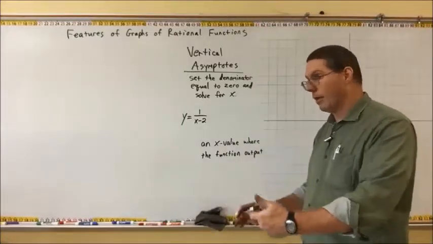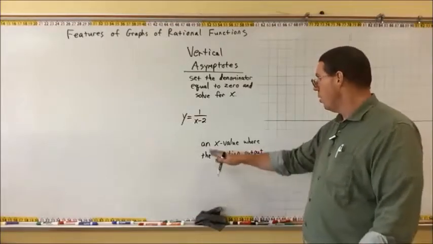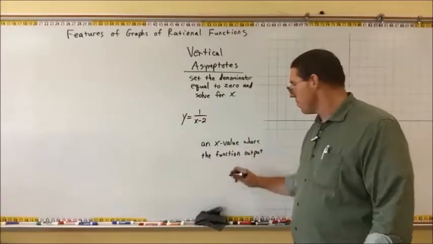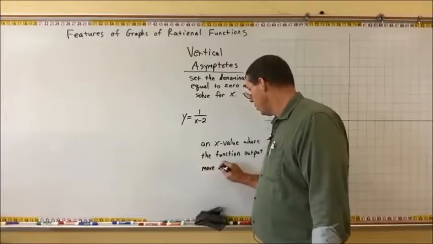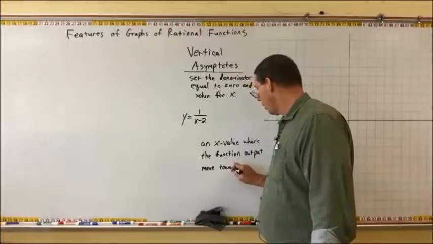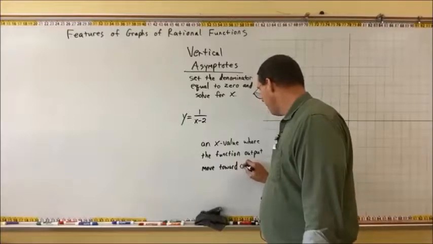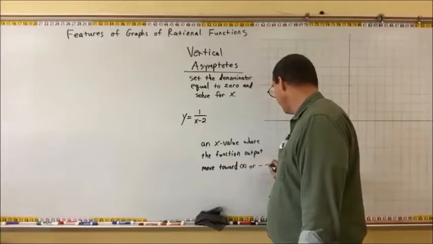Plug in a 9, the answer is 43. Where the output values move toward either infinity or negative infinity.